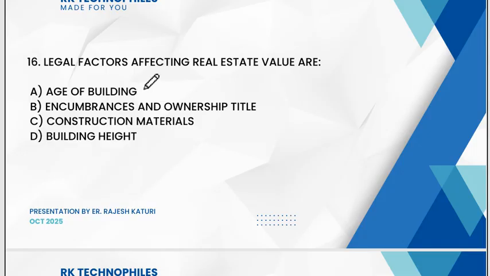The 16th one is legal factors affecting real estate value: age of building, encumbrances and ownership title, construction materials, building height. Age, materials, height and everything are which factors?